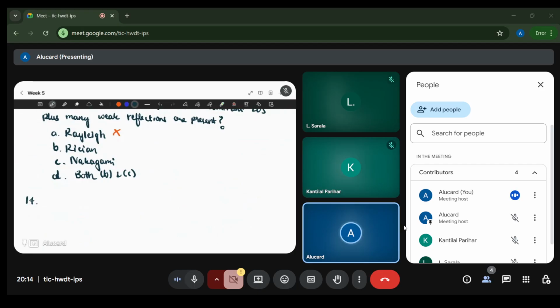I'll skip the next two questions because they're directly based on the graph. So outage probability 5%, they have given you a dashed line which marks the required outage probability.